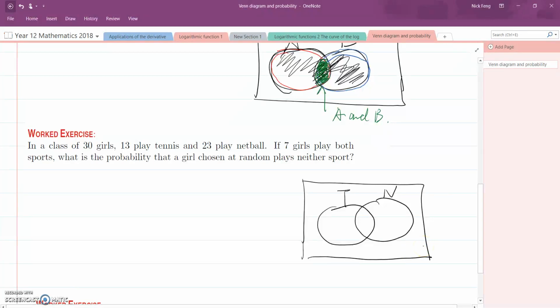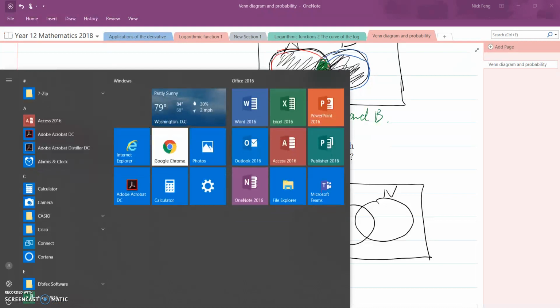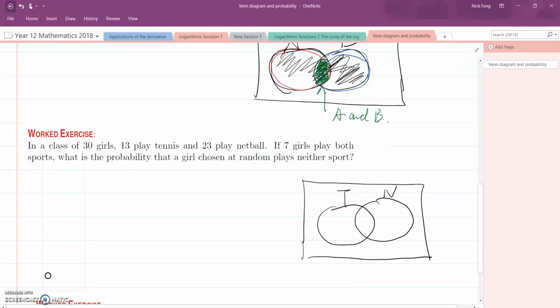So in this particular case, now think about how we can actually construct this. The most important bit in here is to recognize the number of girls that actually play tennis includes those that play both. The number of girls that play netball also includes the girls that play both.